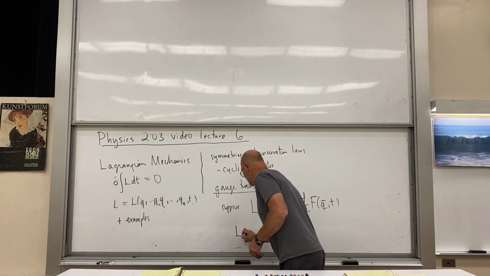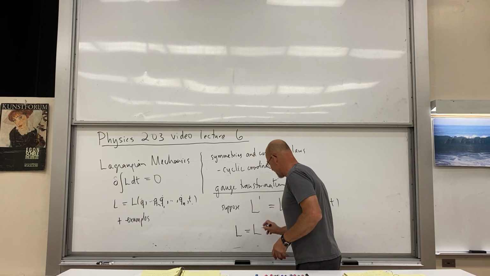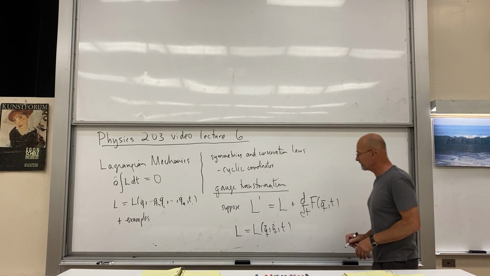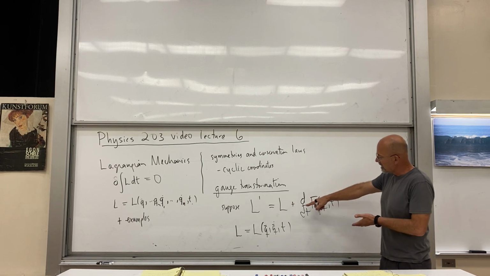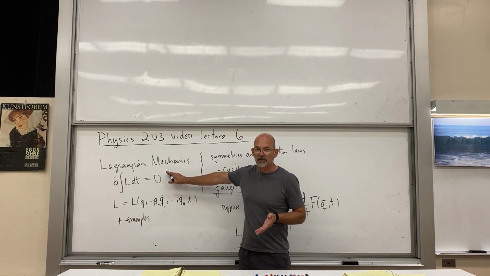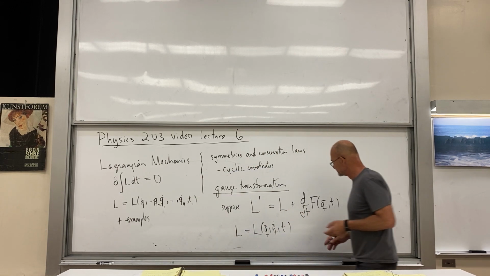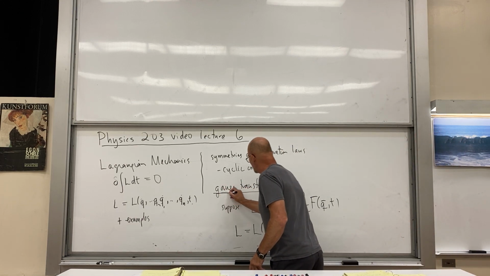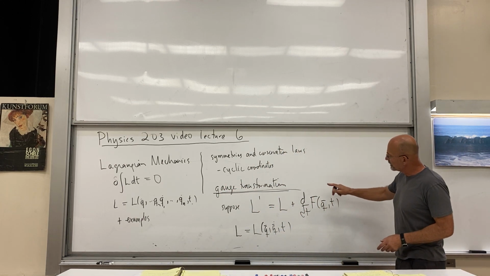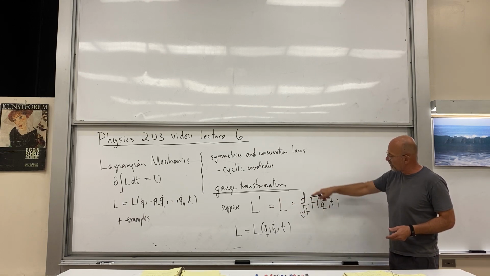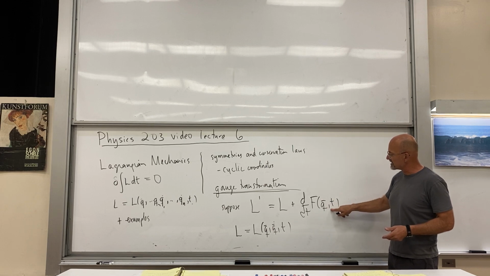So L, we're saying, is just of that type here, shorthand q, q dot, and t. And since it's a Lagrangian, we have the Euler-Lagrange equations that follow from this principle right here. Okay, so suppose one Lagrangian differs from another by a complete time derivative of an arbitrary function of the coordinates and the time.